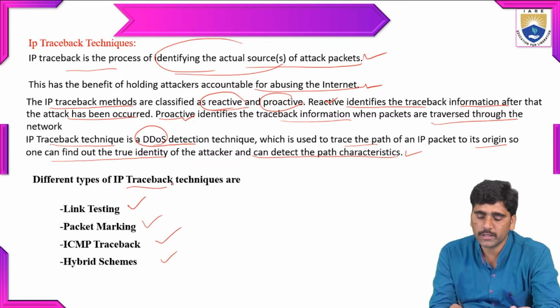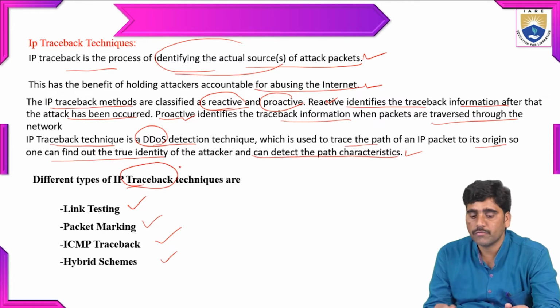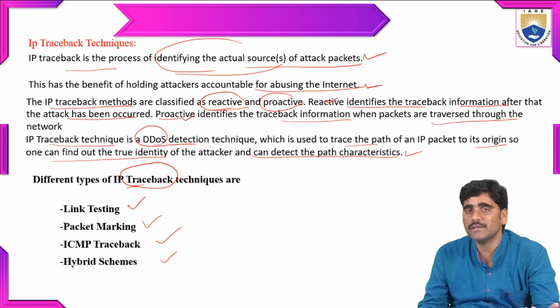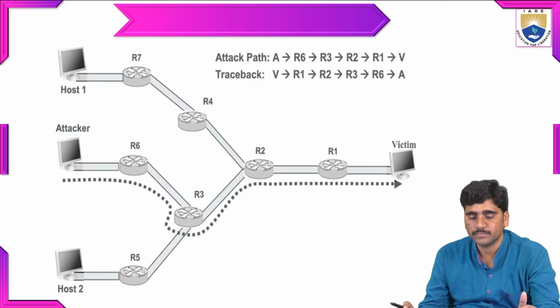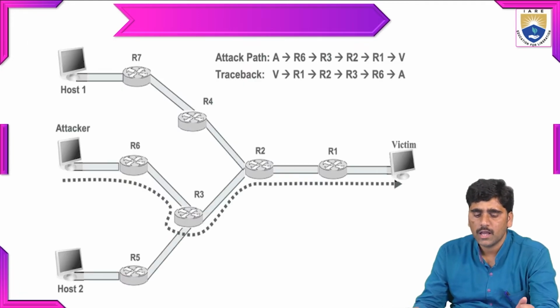So tracebacking is nothing but finding the source of the packet that gets affected by the attacker, where it was actually affected. This is the actual routing process.